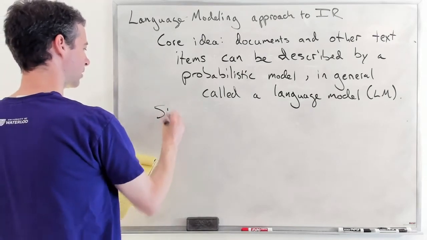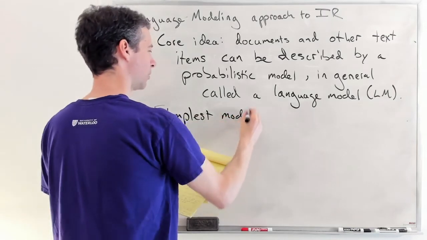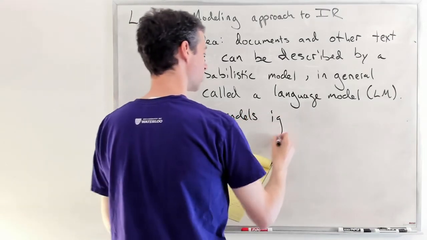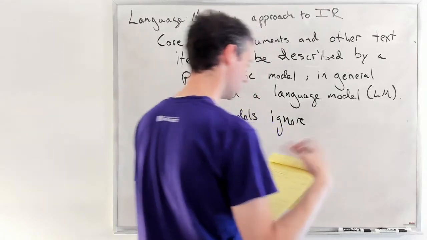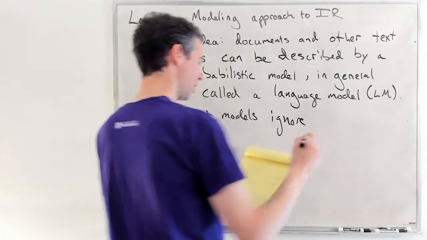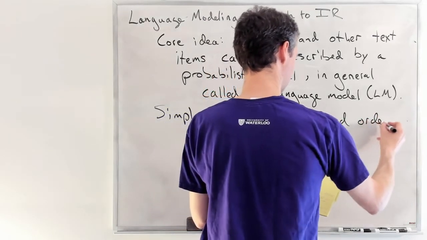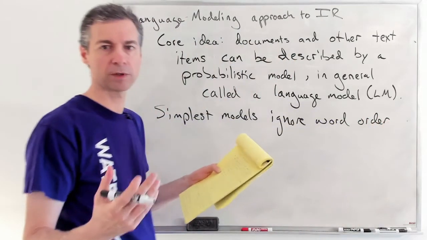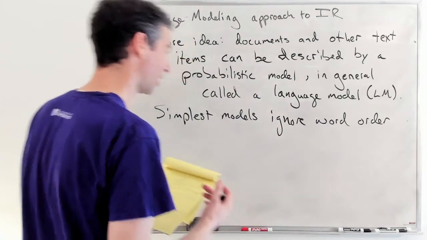So the simplest models that we can make, and these are the ones we'll use, by the way, in information retrieval, ignore word order, okay? So they don't care whether it's good news or news good, all right?